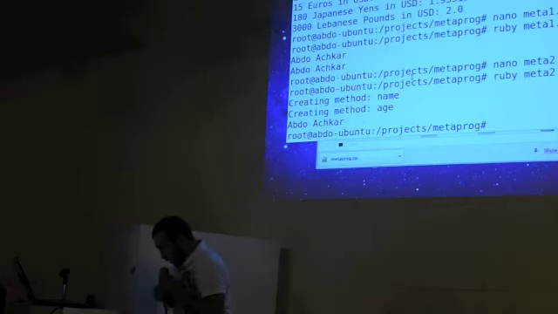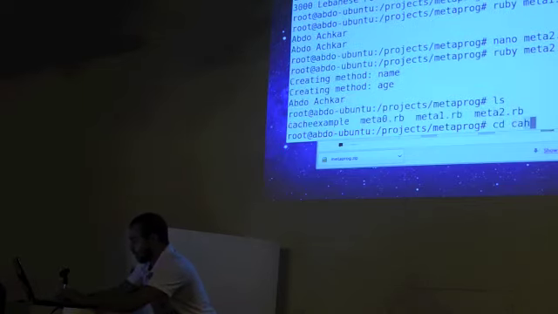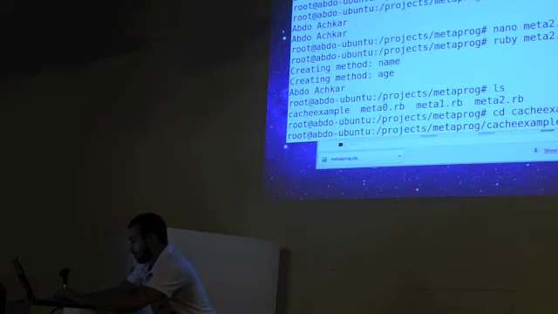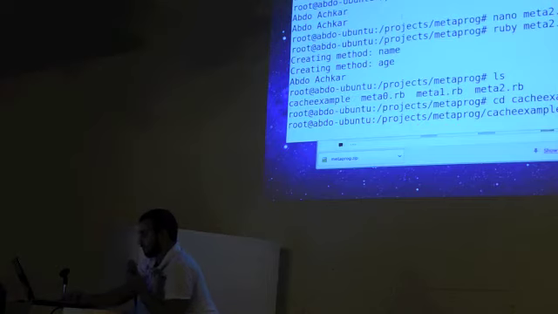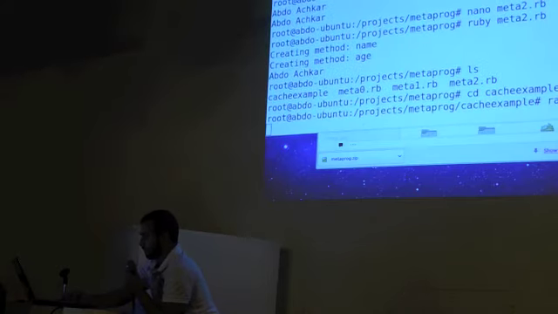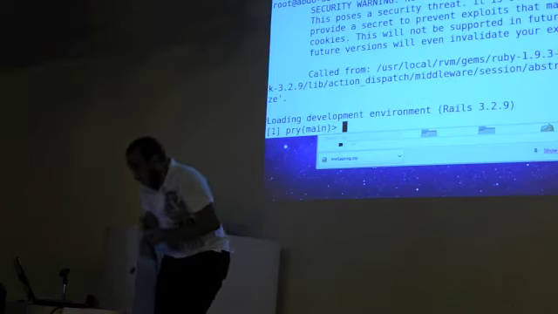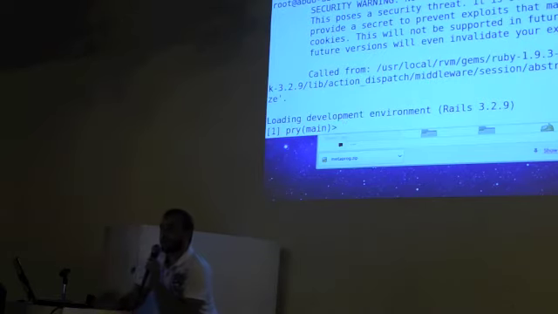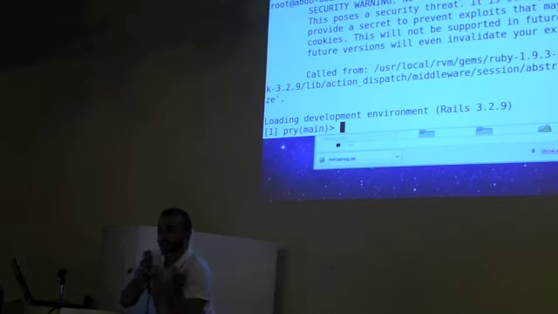All right, so now we're going to do something that's a little bit more evolved. In Ruby you have Active Record, which is a data mapper from a database to classes.